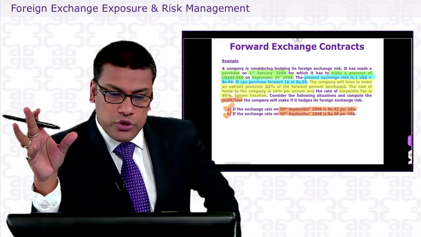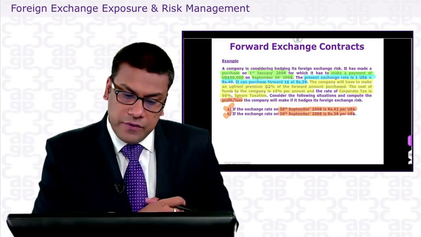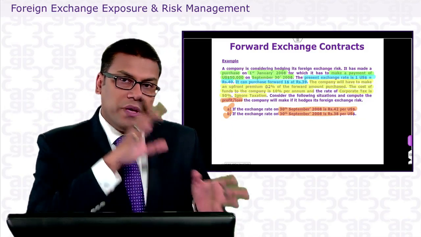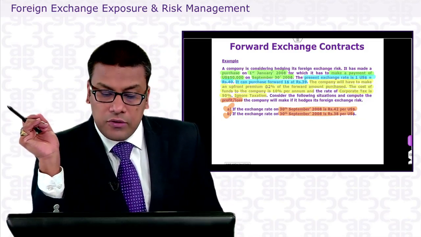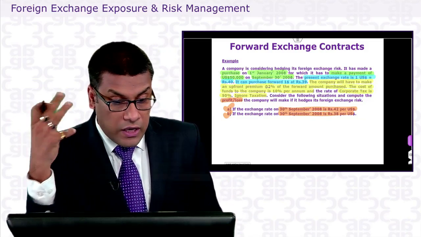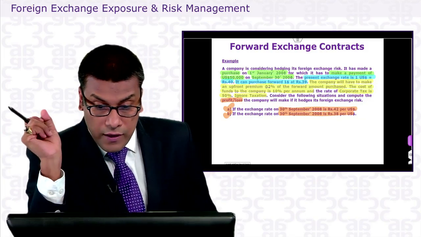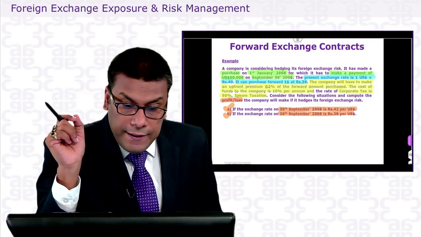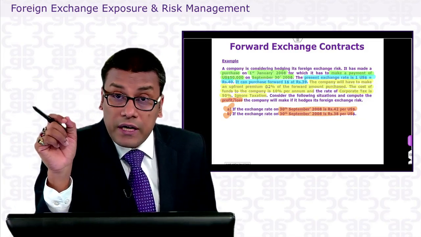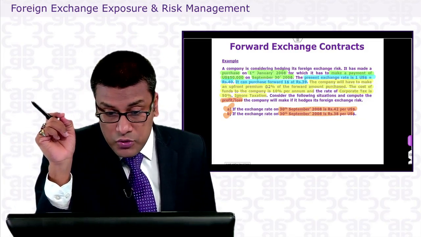So a simple situation: you have purchased something on 1st of January, and you are supposed to make a $50,000 payment on 30th of September. So you have 9 months of time gap in which you don't know how the rates are going to fluctuate. The present rate is 40. The forward contract prevalent today is at 39 rupees to a dollar.